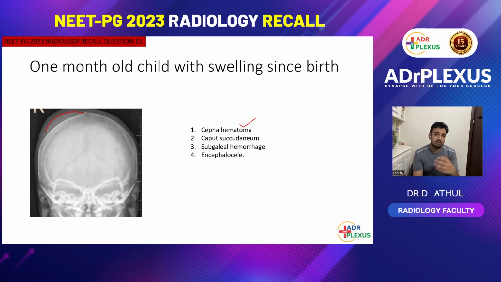So the students were telling it was not crossing the suture lines, it was loculated. If you're seeing a loculated swelling after birth, then it can be cephalhematoma, because it is limited by the periosteal layer. It will not be able to cross the suture lines. So that is the take home point. Okay, so this is a case of cephalhematoma.